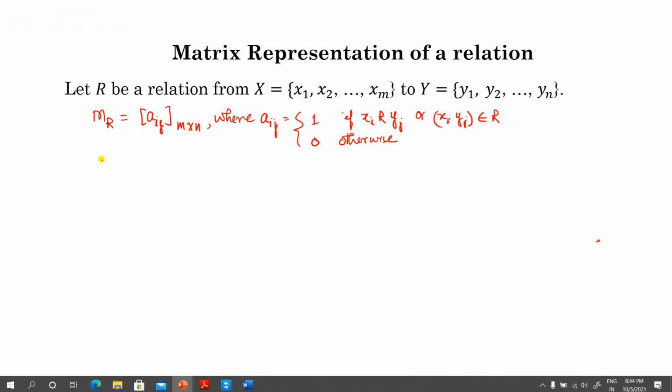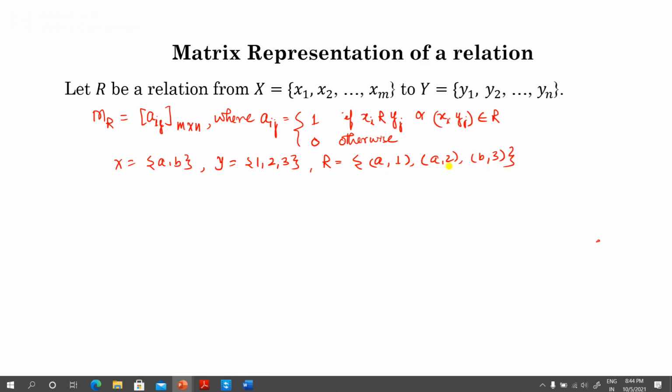I will give you a simple example. Suppose X equal to {a, b}, and suppose Y equal to {1, 2, 3}, and suppose R is a relation from X to Y, and R is defined as {(a,1), (a,2), (b,3)}.